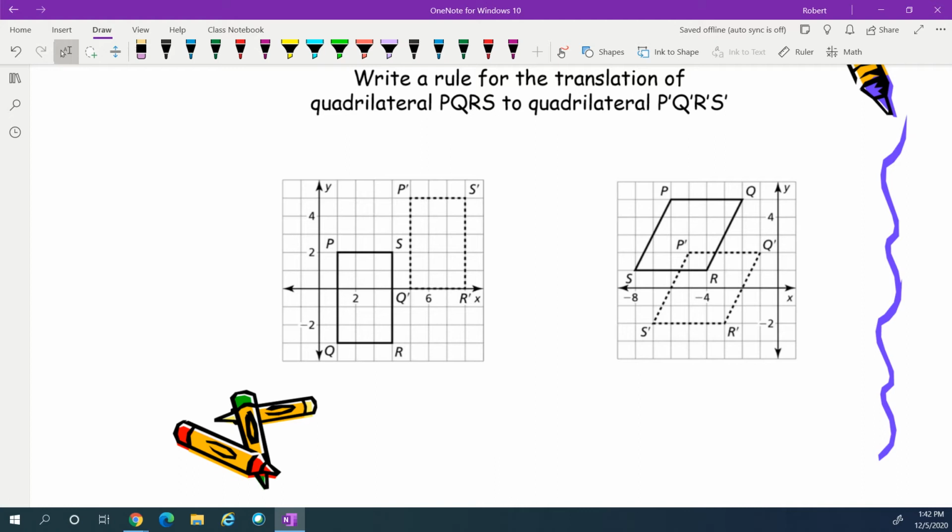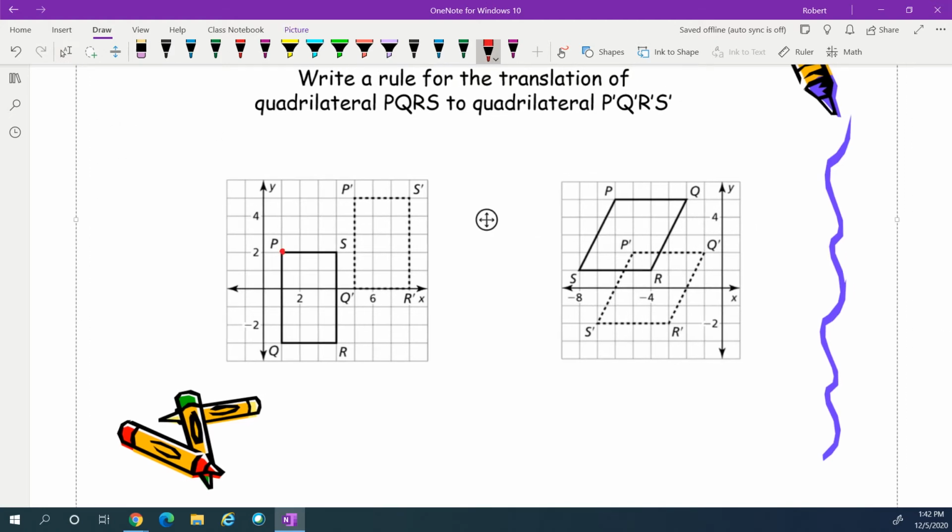Well, we know every vertex has to move exactly the same way. So we don't have to do all four corners. We have to pick one corner. P moves to P prime. You want to use S? That's fine. S moves to S prime. It does not matter. I'm just going to pick one that I can clearly see. Sorry, P to P prime.